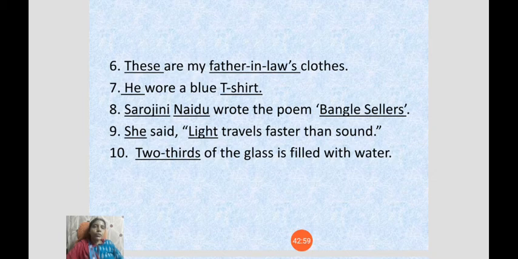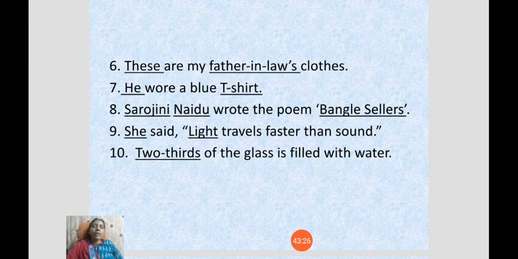"Sarojini Naidu wrote the poem Bangle Sellers." Okay. Sarojini Naidu. It's a name of a person. First Sarojini. So the sentence is beginning with the letter S, so that way also it is capital. But Naidu, it's a name of a person, Sarojini Naidu. So that's why N is also capital in Naidu.